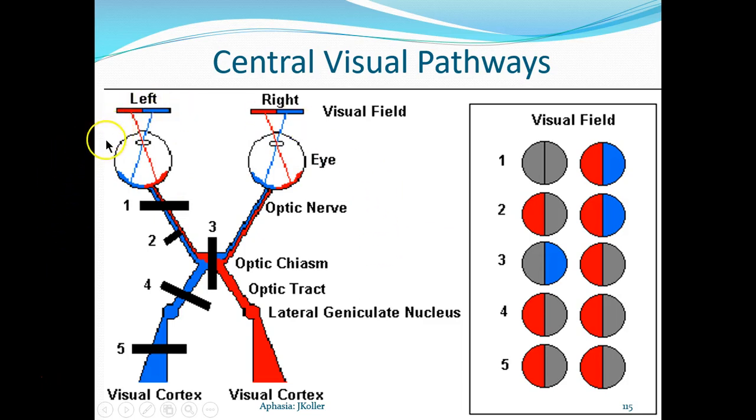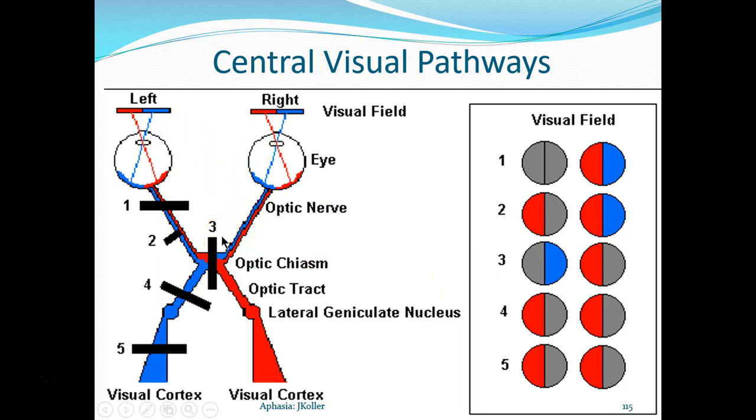So when we talk about this side or this side, we talk about temporal sides, the outsides. When we talk about in here, whether it's this part of the visual field or that, anything that's between the eyes, we talk about it as the nasal side. So we have a temporal side, which is on the outside. We have a nasal side, which is on the inside.